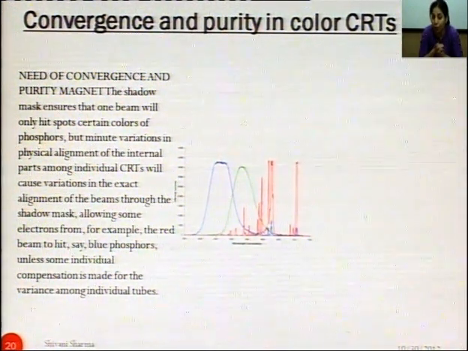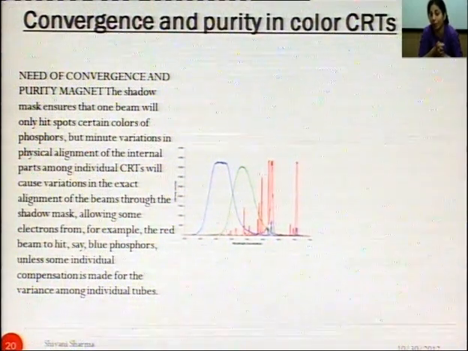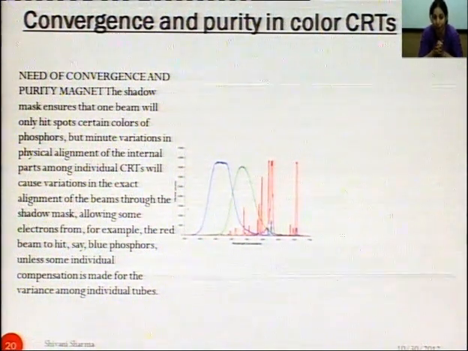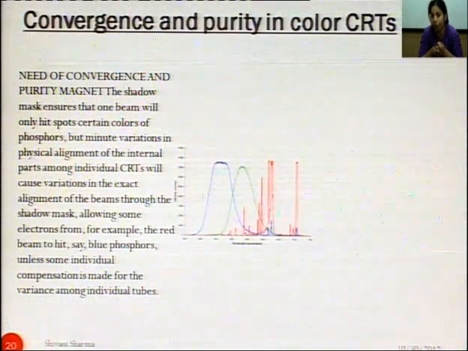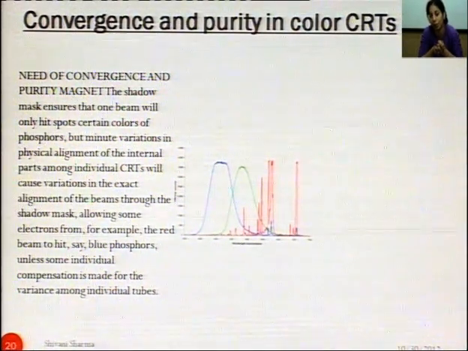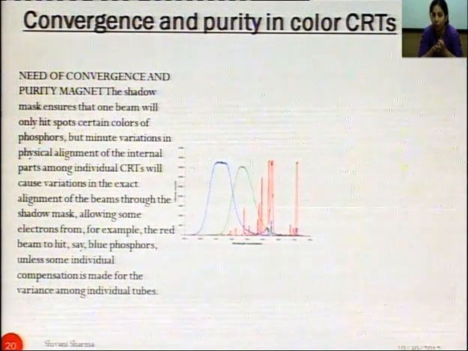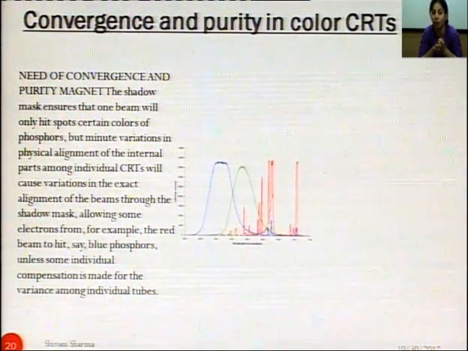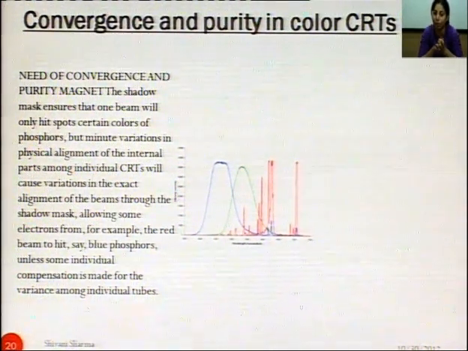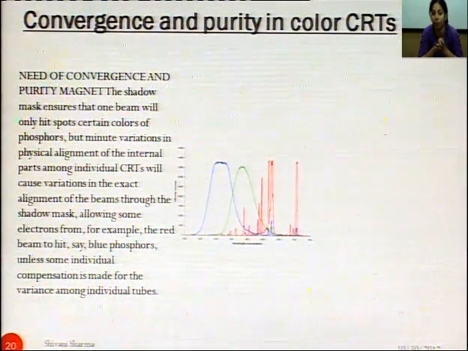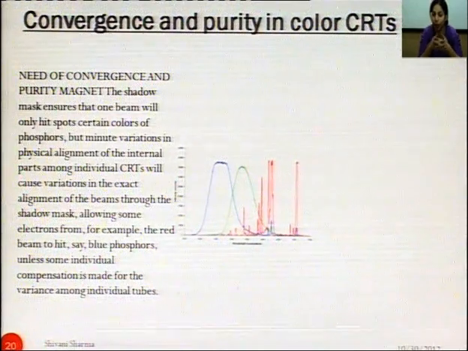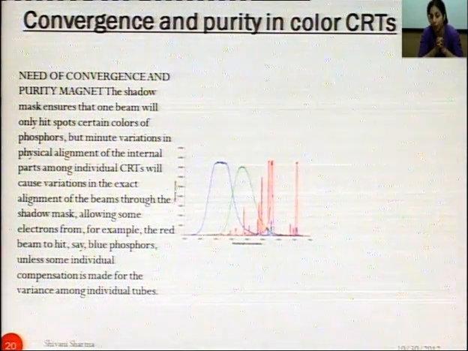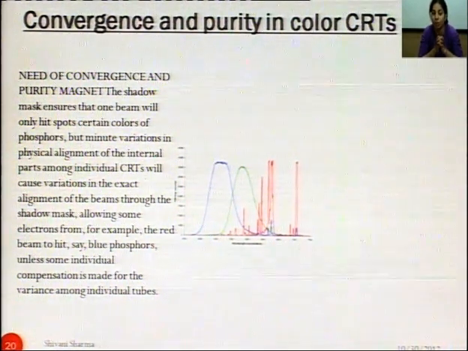Then there is also a need for convergence and purity magnets in color CRTs. The need for convergence and purity magnets is that the shadow mask ensures that one beam will only hit spots of a certain color of phosphorus, but minute variations in physical alignment of internal parts of an individual CRT will cause variation in exact alignment of the beam through the shadow mask, allowing some electrons, for example a red beam, to hit, say, blue phosphorus unless some individual compensation is made.